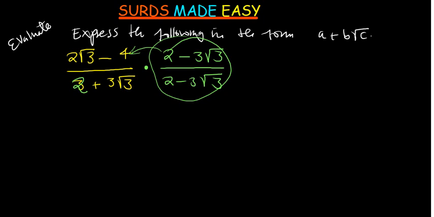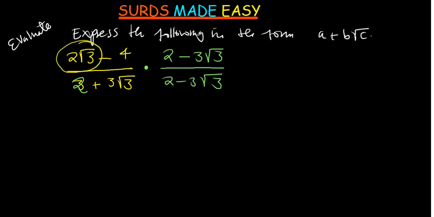When you multiply anything by a 1, you are not changing anything. Is it okay at this point? Good. And then now let's cross multiply.